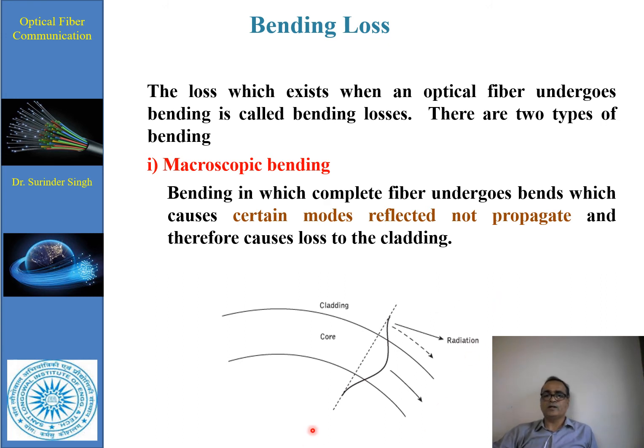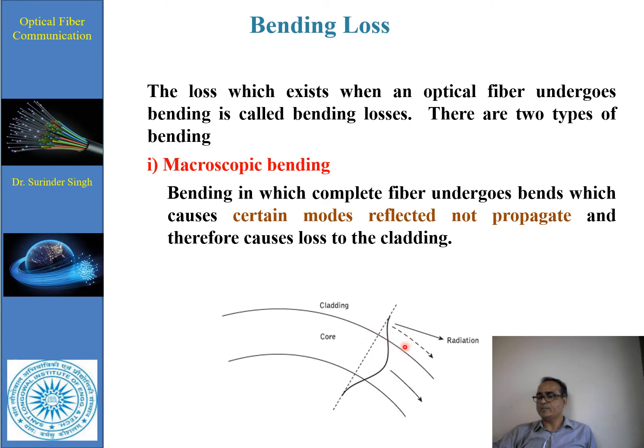So overall, if we consider this radius R, and this axis is where the information is away from the center, at a certain critical distance, the optical energy beyond that will not cope up with this.